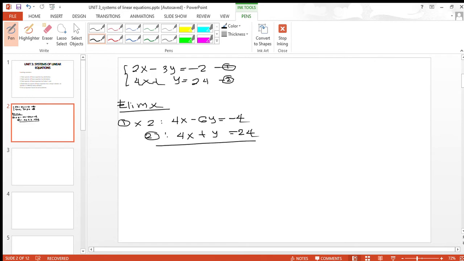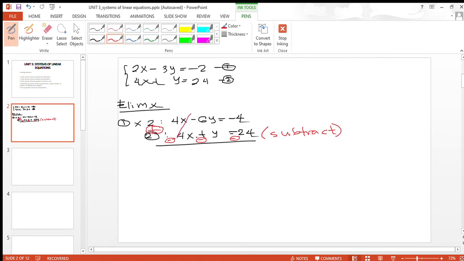Okay, but since the signs of the terms involving x are the same, to eliminate x, we now subtract one equation from the other. Let's say we will subtract equation 2 from equation 1. In that case, when we subtract one equation from the other, we change the signs of the terms in the equation that we are subtracting, and then we proceed to addition.